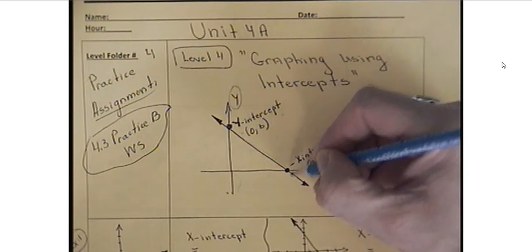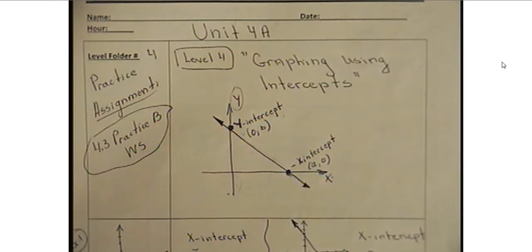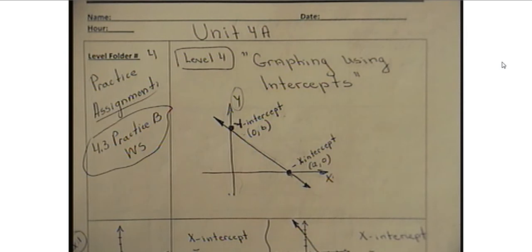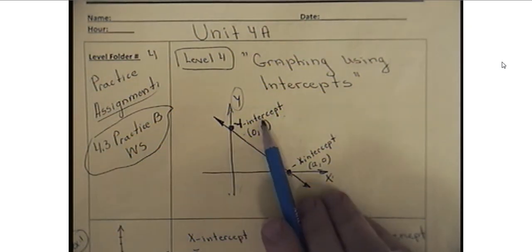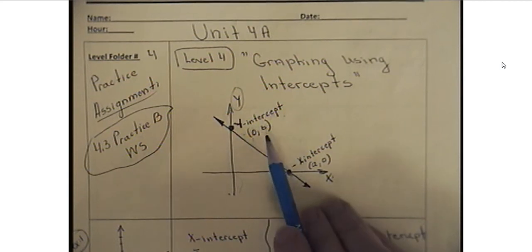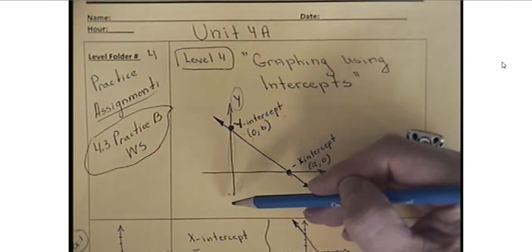And if you continue through the line, you will see that the line is crossing the x-axis down here, and this is what we call the x-intercept. Now, the point that crosses the y-axis, called the y-intercept, has a coordinate of 0, so x is 0, and b could be any number on the y-axis.